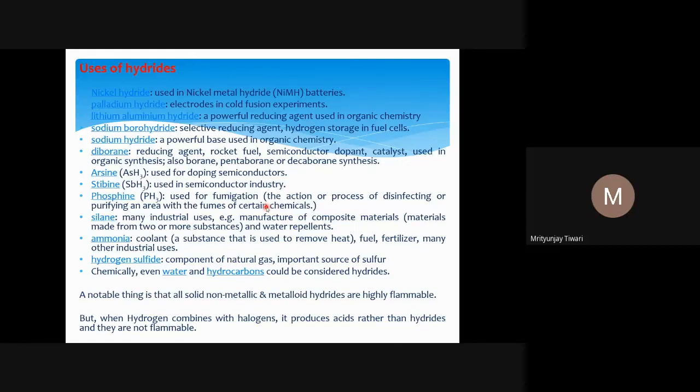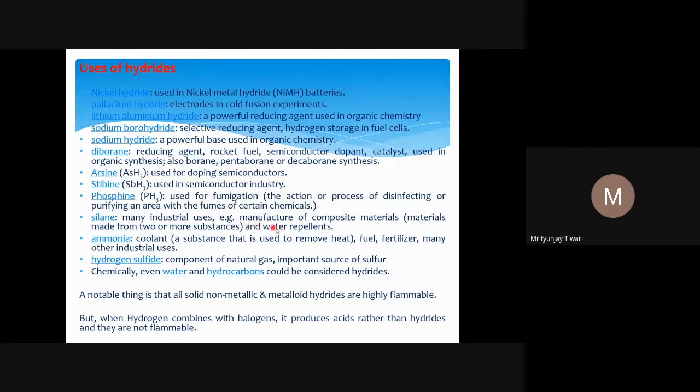Silanes, like alkanes, are compounds of silicon. Like CH4 is an alkane, SiH4 is silane. Si2H6 is also a silane, like C2H6, which is ethane, an alkane. There are many industrial uses of silane.